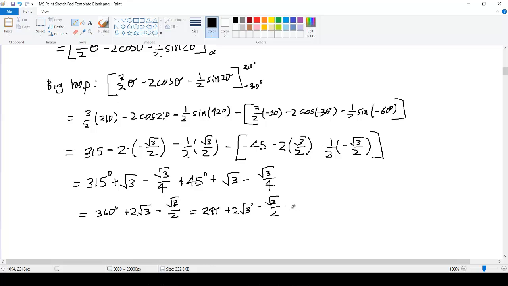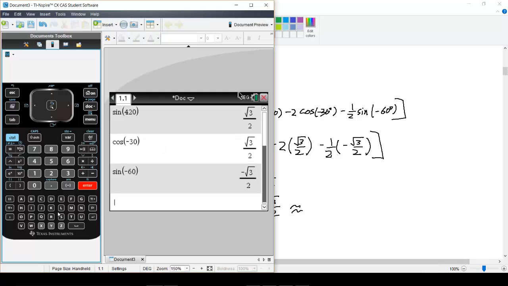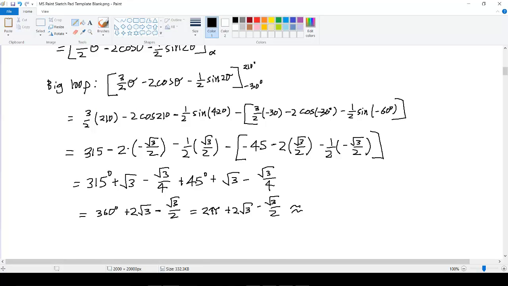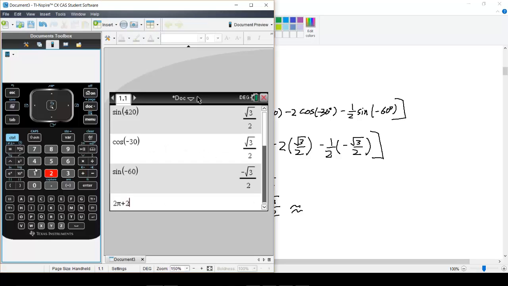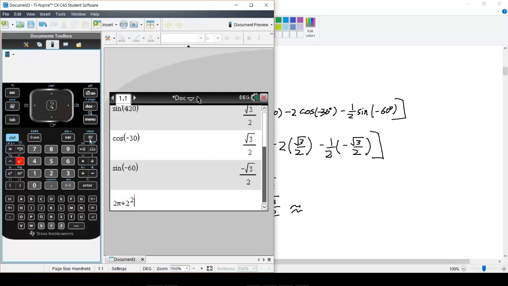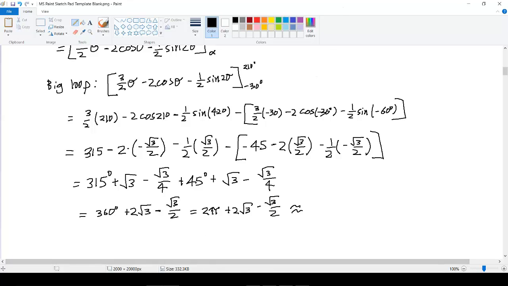I'm going to just approximate this right now. I don't know if you want an approximate answer or not, so I'll try to do both. So it's going to be 2 pi plus 2 root 3, and then minus root 3 over 2.